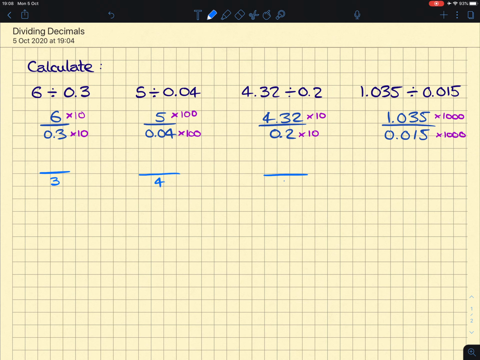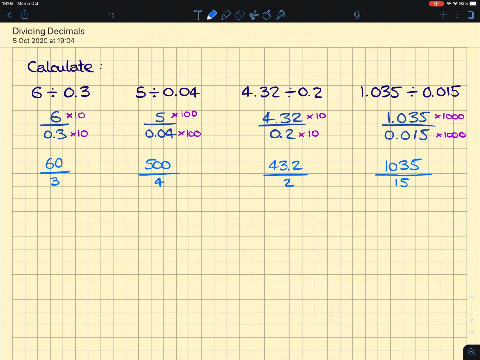The 0.2 will become a 2. And the 0.015 will become a 15. The top's going to be whatever it's going to be. So 6 times 10 for 60, 5 times 100 for 500, 4.32 times 10 will still have a decimal, but that's not a problem, 43.2. And then the last one we have 1035.